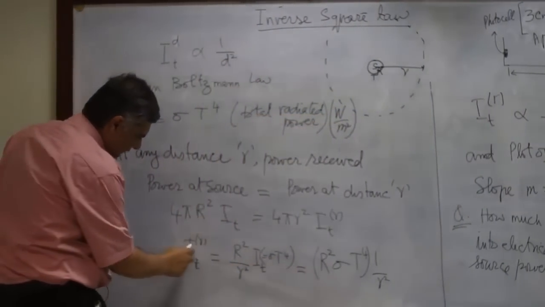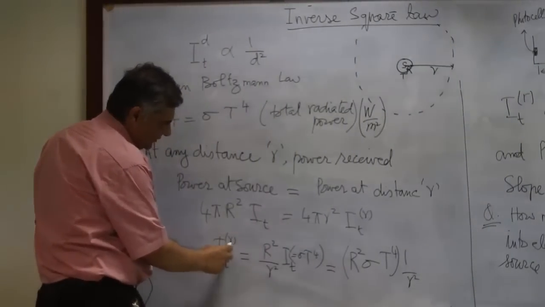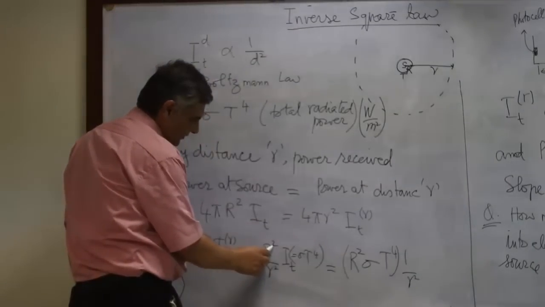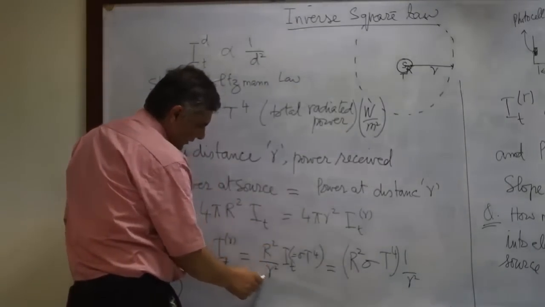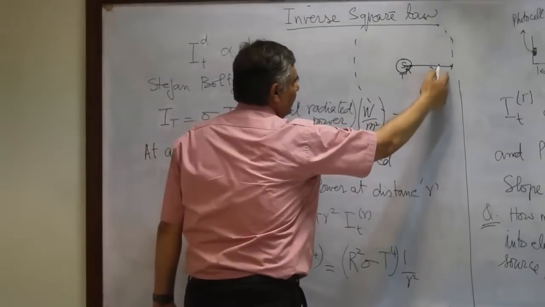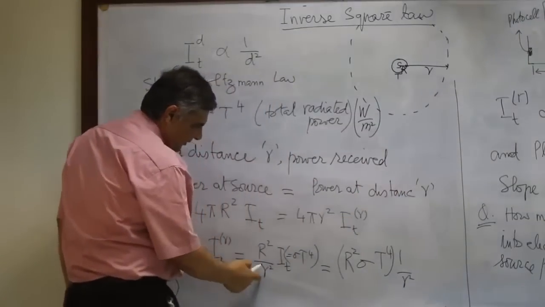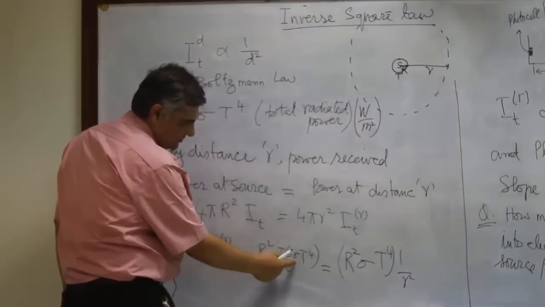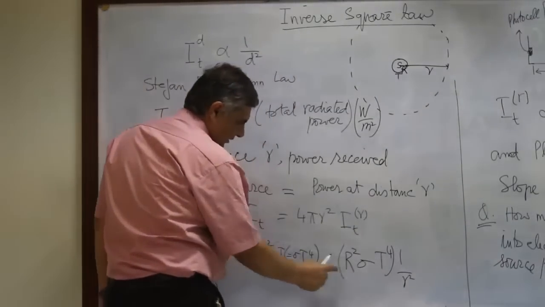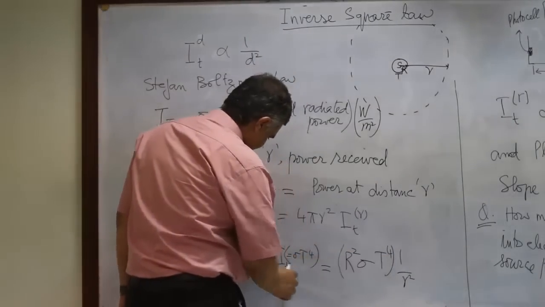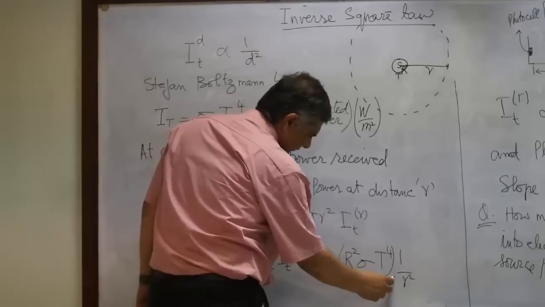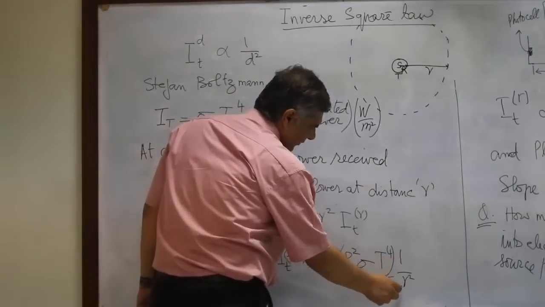So you can see power received at distance r is given by R square over r square, where R is the radius of the radiating body and r is the distance where we are measuring the power, and we multiply it with the total power, which is given by the Stefan-Boltzmann law, sigma T4. So we put it over here, and we can see that the power received at point r is equal to some constant multiplied by 1 over r square.